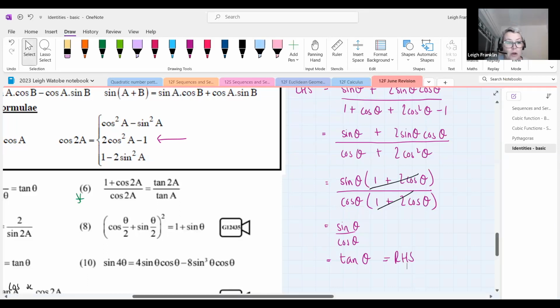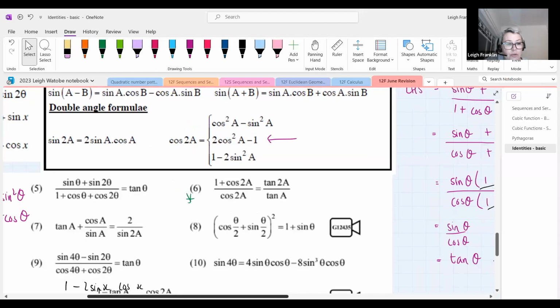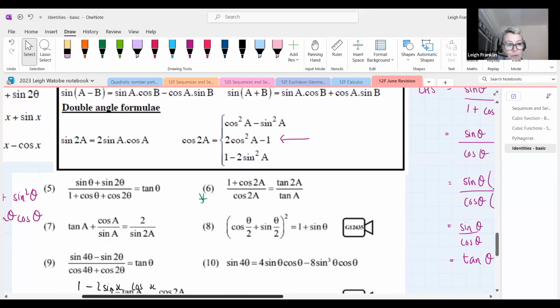Okay, so now that we've had a look at one that has some factorizing in it, I am going to challenge you guys to a slightly more difficult question.